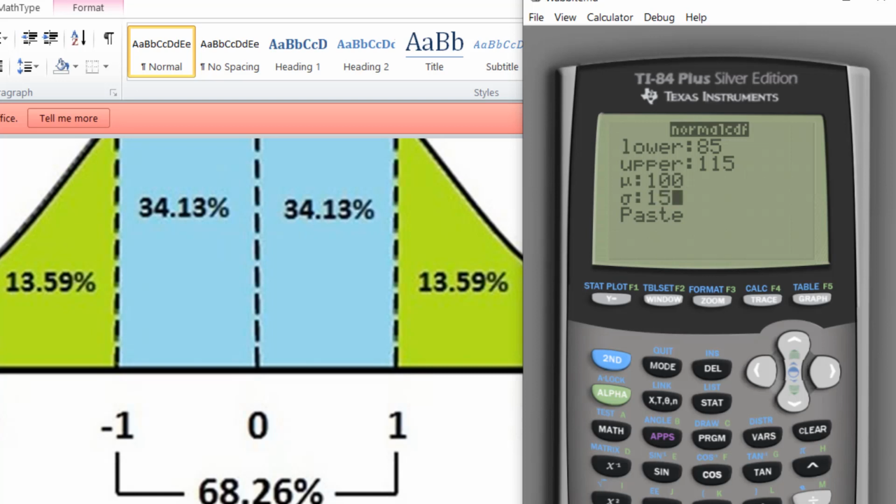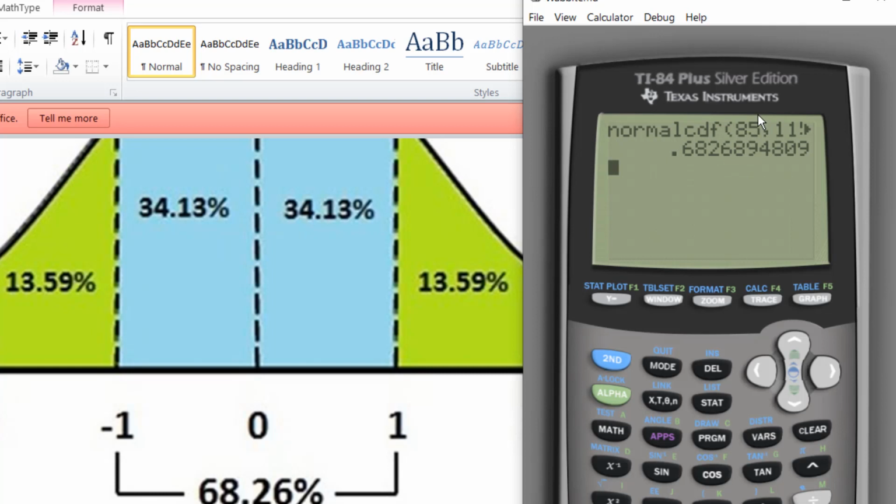Then the calculator does that same setup. It uses a formula for the z-value and computes it out. Now everything is there, so go down and paste it, hit enter, and then hit enter again. And see, we got the same answer without using the standard normal distribution.